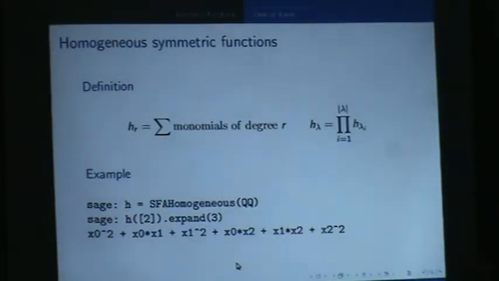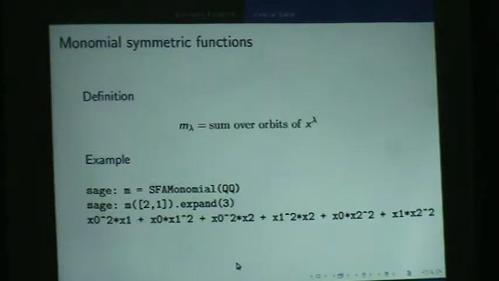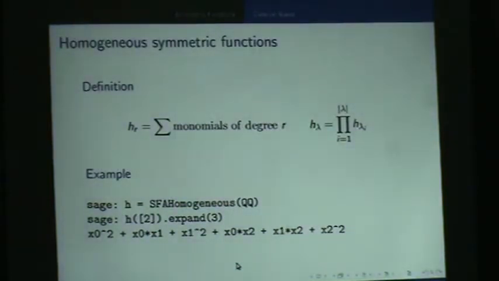In Sage, the command is SymmetricFunctionAlgebra homogeneous, and this is the expansion of h2 on these 3 variables. So these are the 3 multiplicative bases where h sub lambda is given by this product.